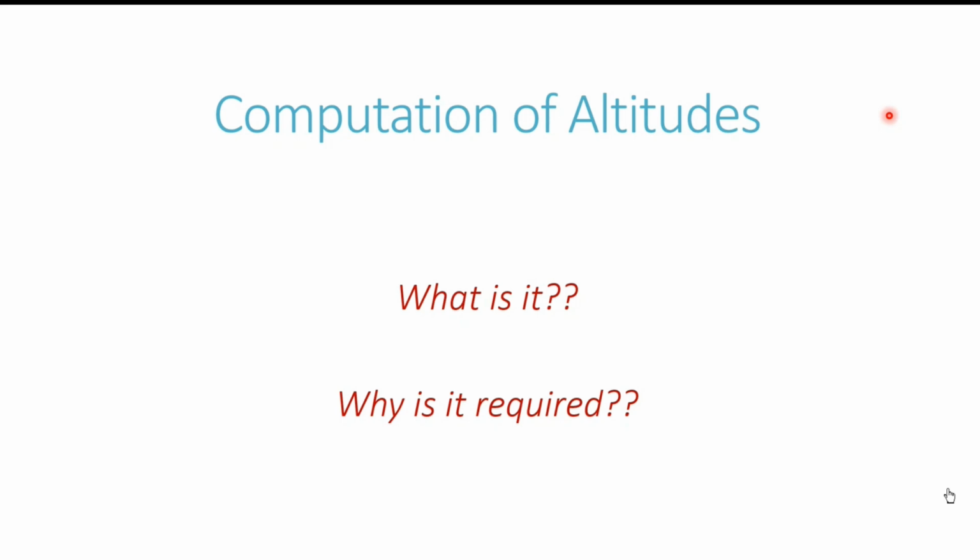But if you compute the altitude of the body beforehand, you know your DR position, you know which body you are going to observe. So using these methods, if you compute the altitude of the body beforehand, then you can set your sextant before going out. Before the twilight comes, you can set your sextant to that particular angle.